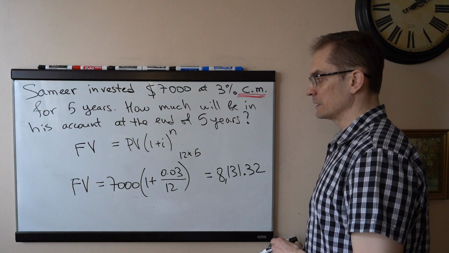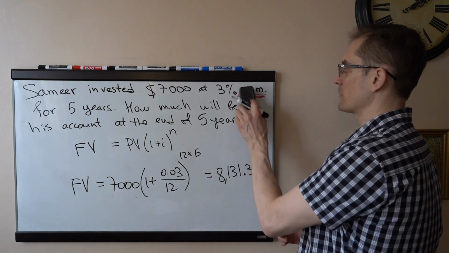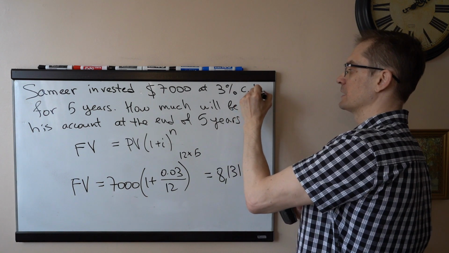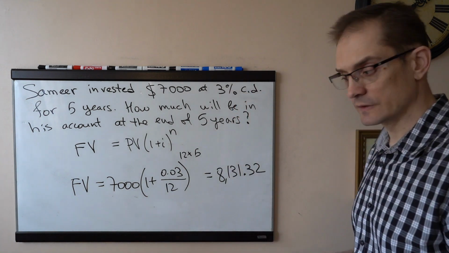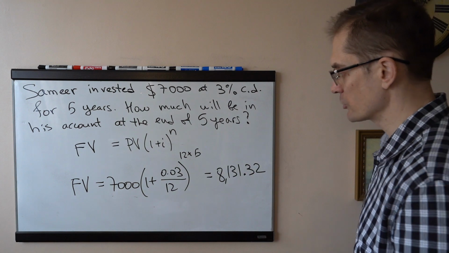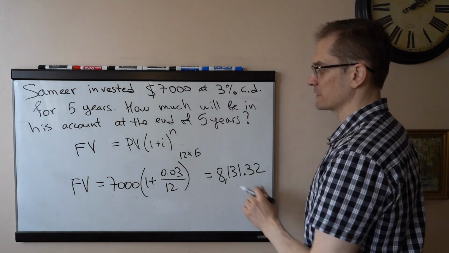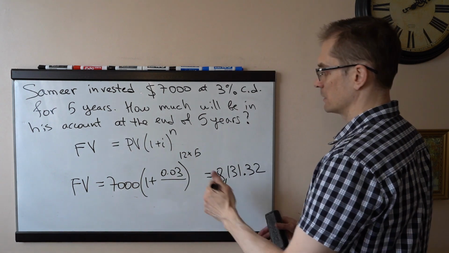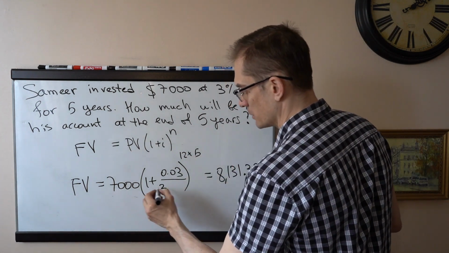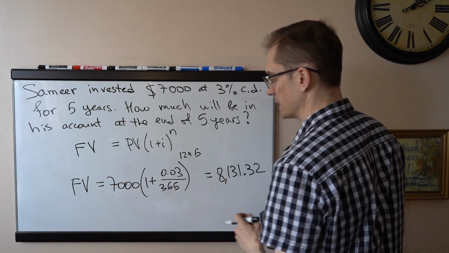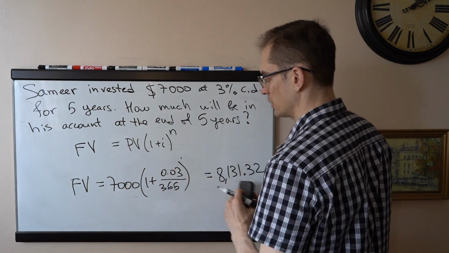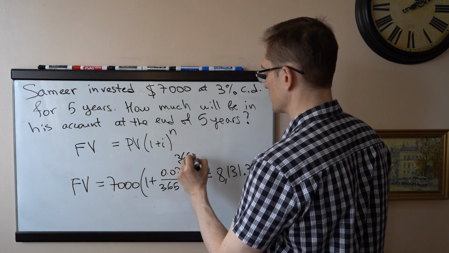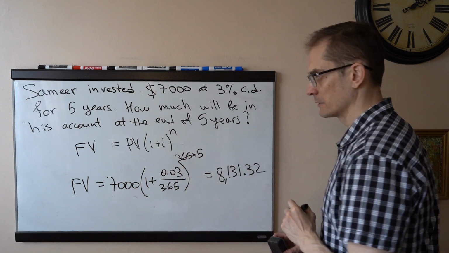Okay, what if I said the rate is not compounded monthly, but compounded daily? Compounded daily, CD. How would this change? Well, the nominal rate doesn't change, so 3% will stay 3%, but the m will change, so it's 365. And here you will have 365 times 5.